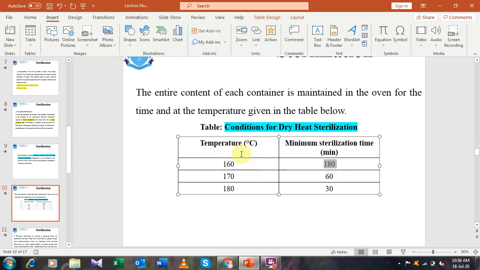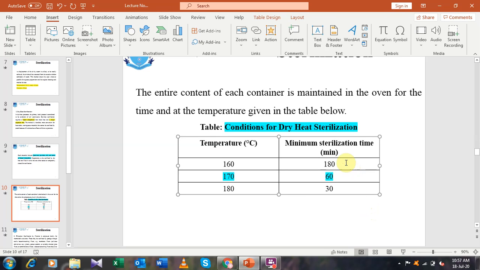But if we increase the temperature 10 degrees more, from 160 to 170, just a 10 degree centigrade increase in temperature, then the minimum sterilization time is just 60 minutes.